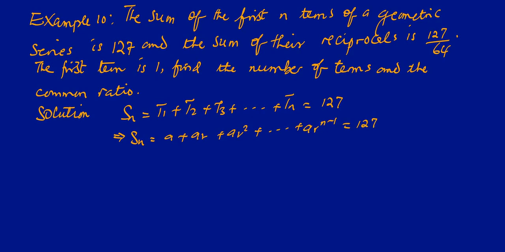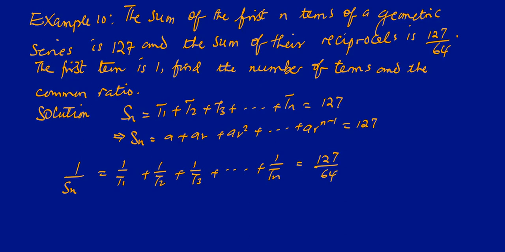In the second line of the statement, you say that the sum of the reciprocals, reciprocal means 1 over the inverse of them, 1 over Sn, will be equal to 1 over T1 plus 1 over T2 plus 1 over T3 plus ... plus 1 over Tn, which is equal to 127/64.